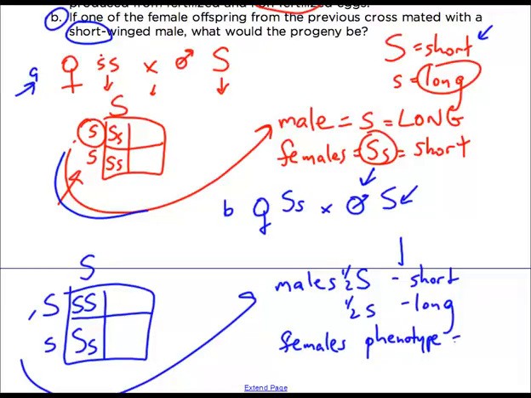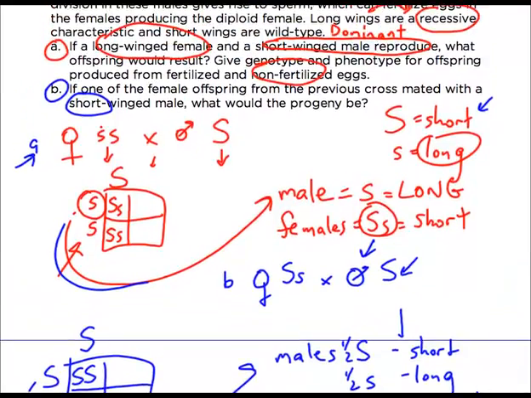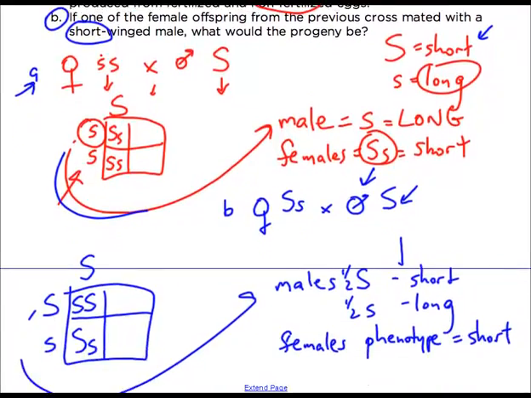Short is dominant. All short. They did ask us, at least in the first one, they said give genotype and phenotype. So just for the record, half of the females would be homozygotes, big S, big S, and half would be big S, little s. That's fun, haplodiploidy.